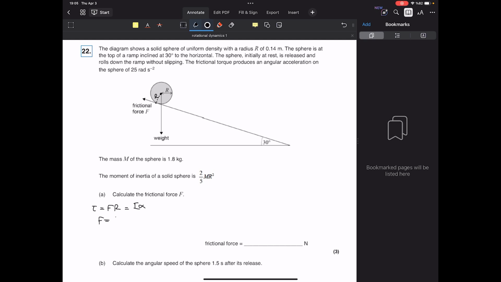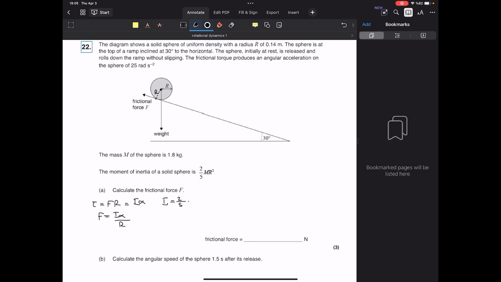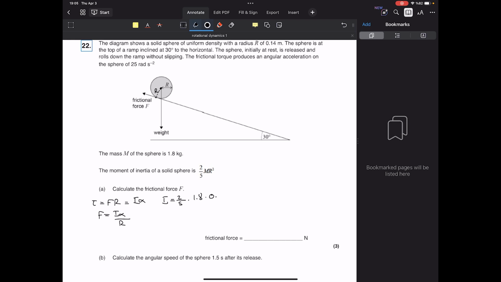So F is simply I alpha over R. We can quickly calculate I as 2 over 5 times the mass, which is 1.8 kilograms, times the radius squared, which is 0.14 squared. That'll be 2 over 5 times 1.8 times 0.14 squared. That'll be 0.014112 kilograms meter squared.